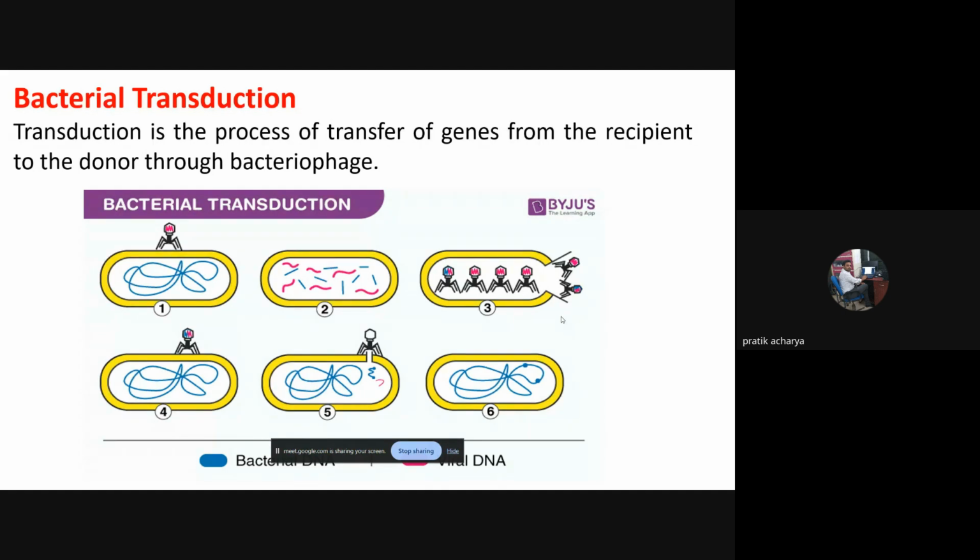So it's a specialized process. What are the steps? The diagram is in front of you. The first phase of this transduction is bacteriophage infection. Bacteriophage infection means, this is a bacterium. The structure shows that this is a bacterium.